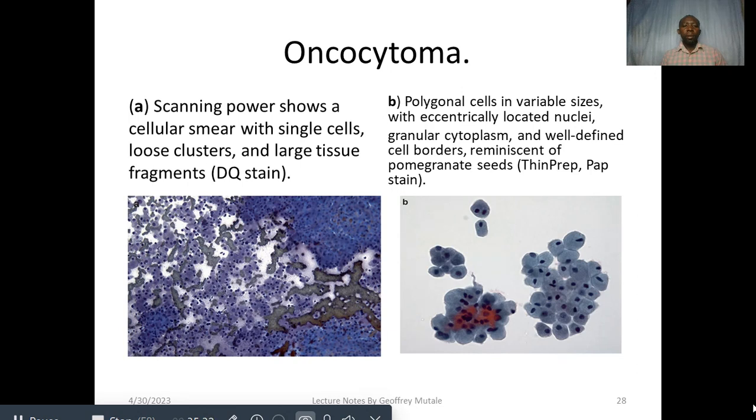And under higher magnification, here in the image on our right, the one I've labeled B, we can appreciate the polygonal cells in variable sizes with eccentrically located nuclei, granular cytoplasm, and well-defined cell borders, which are reminiscent of the pomegranate seeds if we have encountered some in life. So that's how an oncocytoma actually appears.